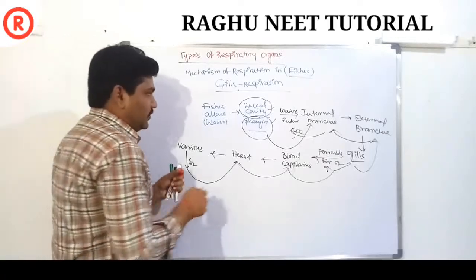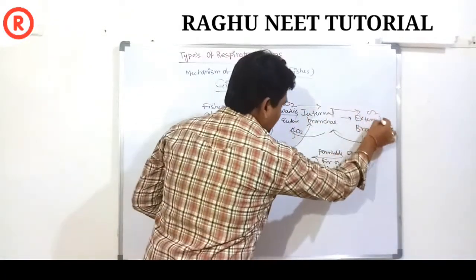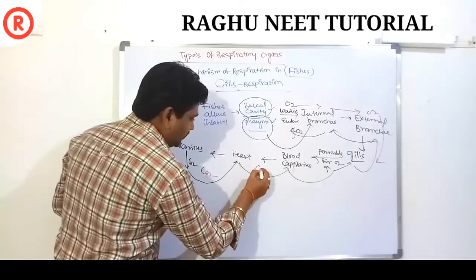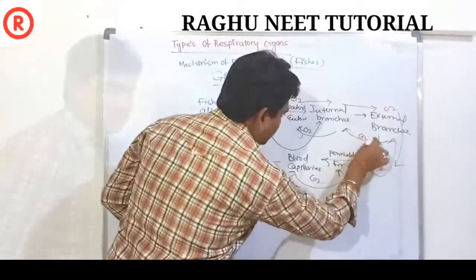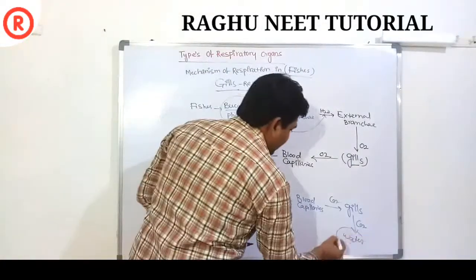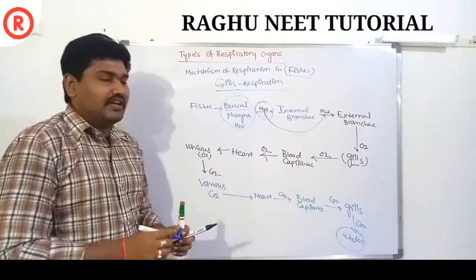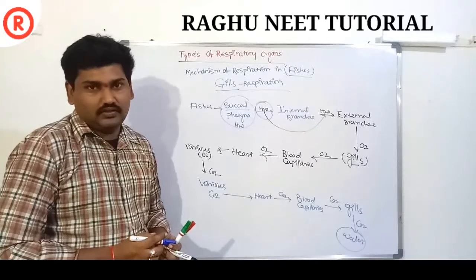This is the transport of oxygen, and this one is the carbon dioxide transport. So fishes get oxygen from the water and release carbon dioxide into water. This type of mechanism is known as respiration in fishes.